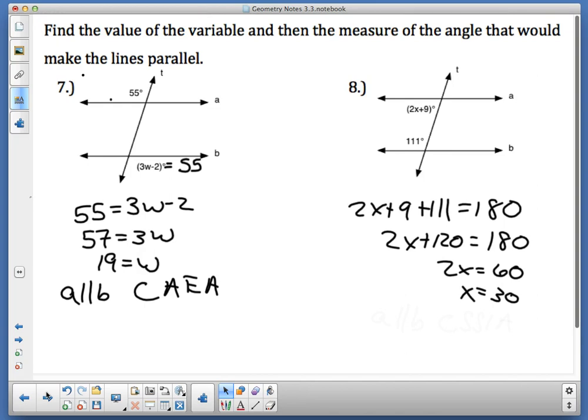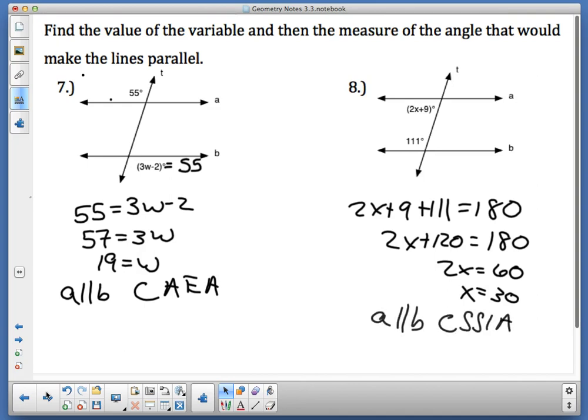Okay? Now, after we do that, keep in mind, when we're working with this, I can plop it back in. 30 times 2 is 60 plus the 9, I got 69 plus 111. That best be 180 for me to make this work, and it is. So it worked out.